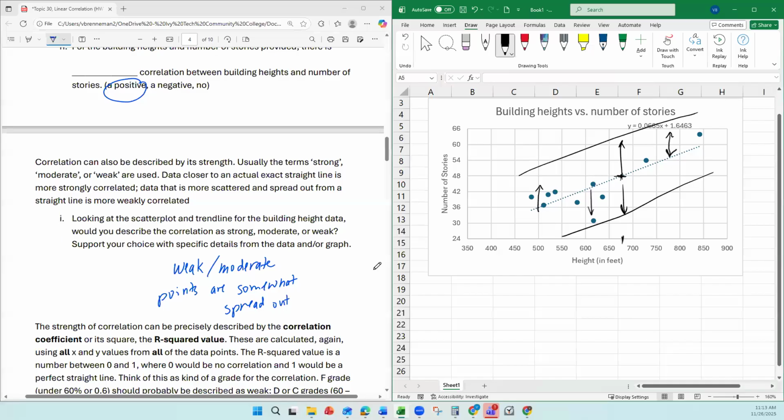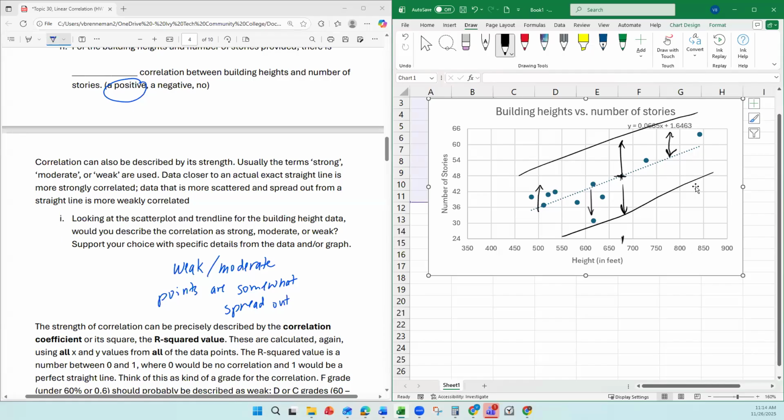Now, as with the line of best fit, the correlation strength can be calculated using all of the data values, both x and y, from the data points to find something called the correlation coefficient, or what we'll be looking at, the r squared value, which is just the square of the correlation coefficient, and they work pretty similar.